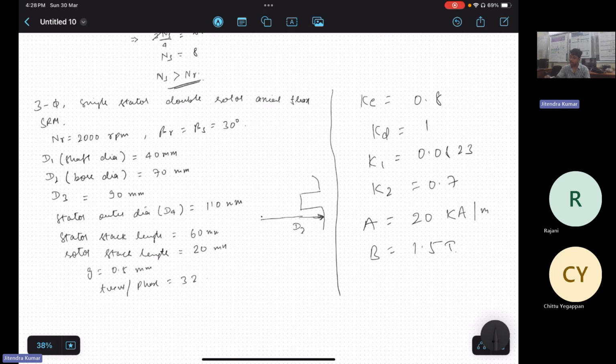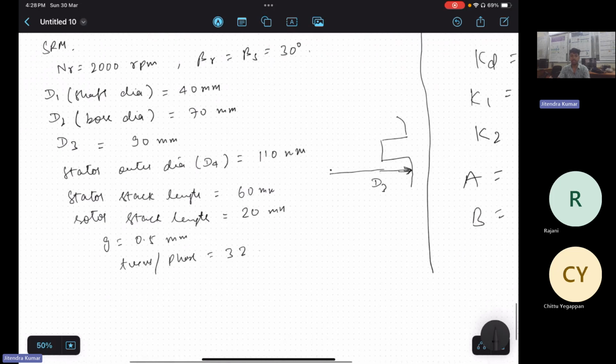Now we need to calculate flux linkage at aligned position.